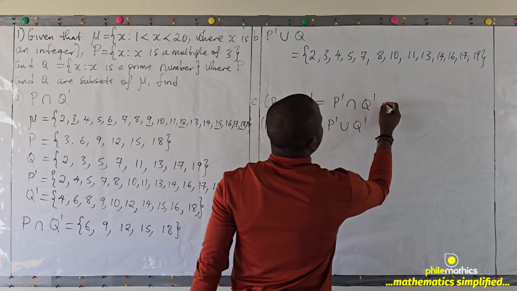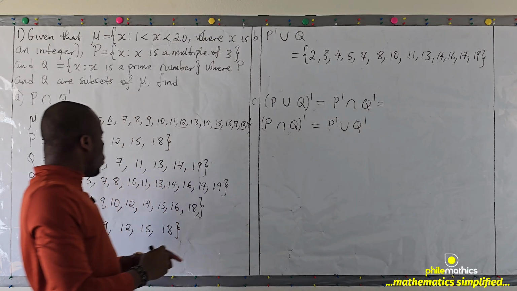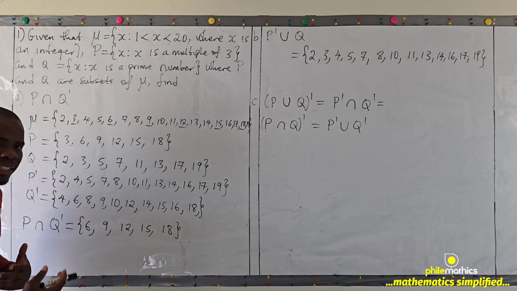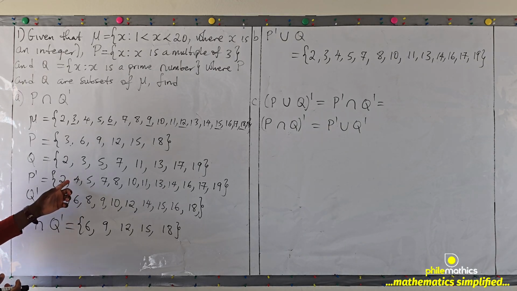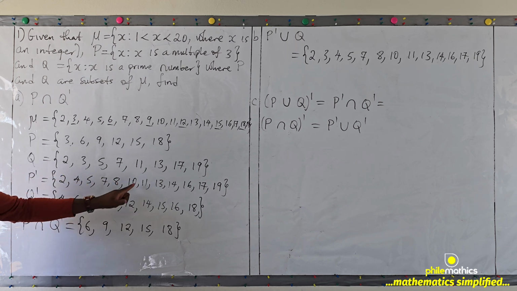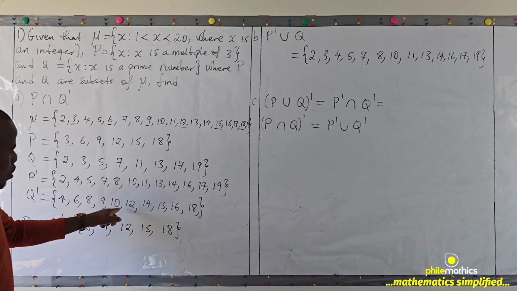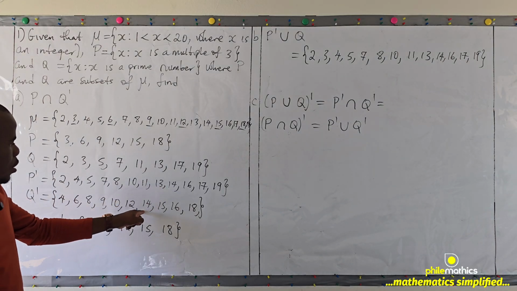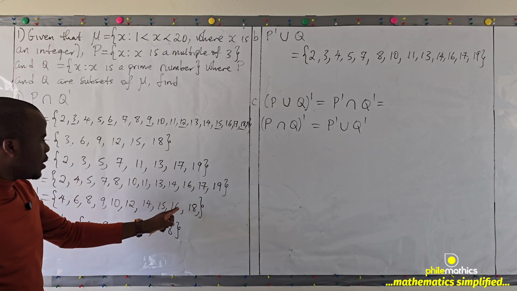And so since we have gotten what p prime is and what q prime is, we simply look for what is common. That is what intersection tells us. What is common between p prime and q prime? What can you see here, and you can see here? So we see 4, we see 8, we see 10, we see 14, we see 16.